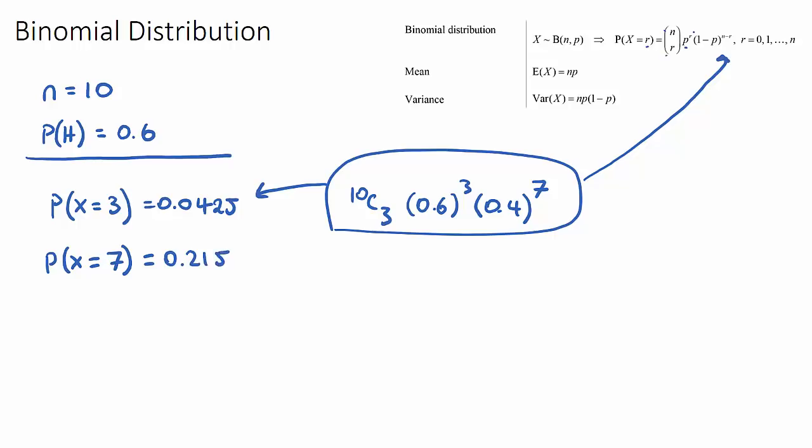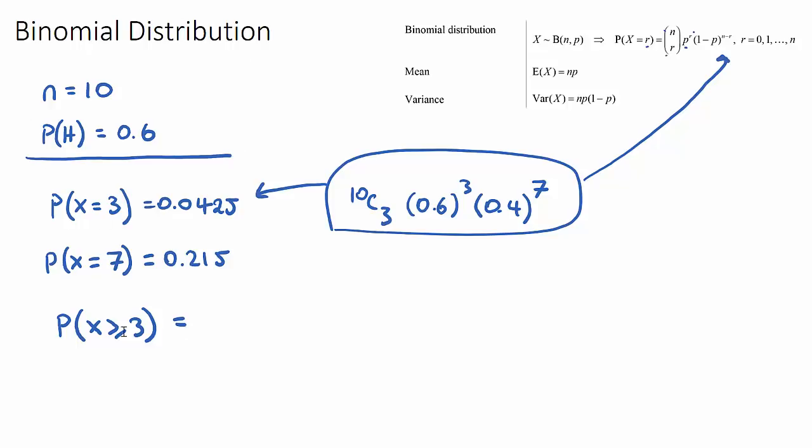Now, if they asked for, well, what's the probability you get 3 or more heads? So x is now greater than or equal to 3. So that means we could get 3 heads or 4 heads or 5 all the way up to 10 heads out of the 10 trials.